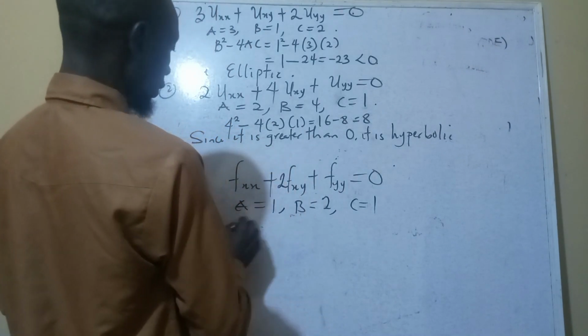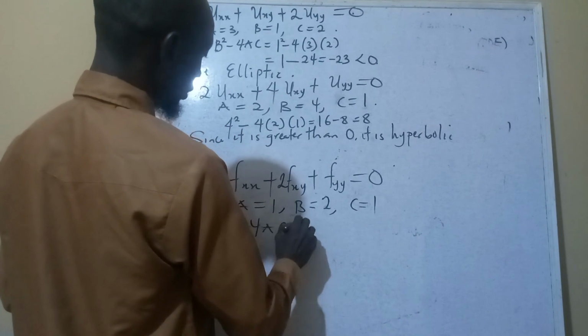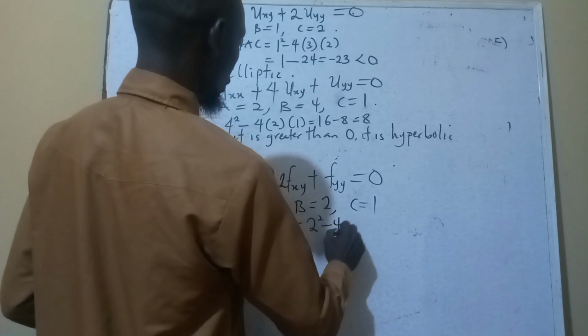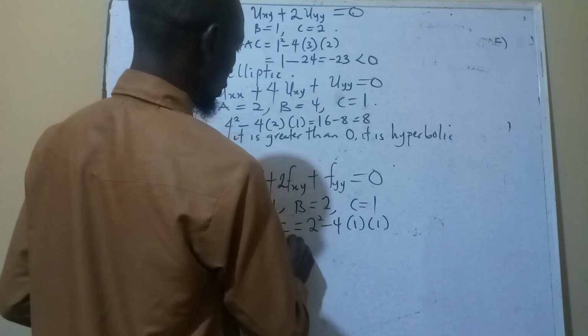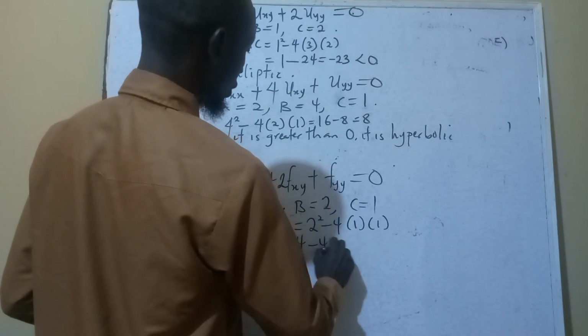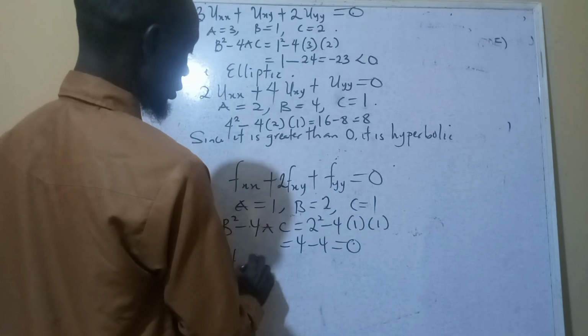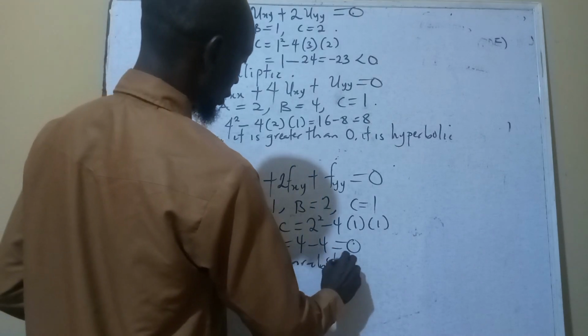So this one now b squared minus 4ac equals 2 squared minus 4 times 1 times 1. This is 4 minus 4, which is equal to 0. That means it is parabolic.